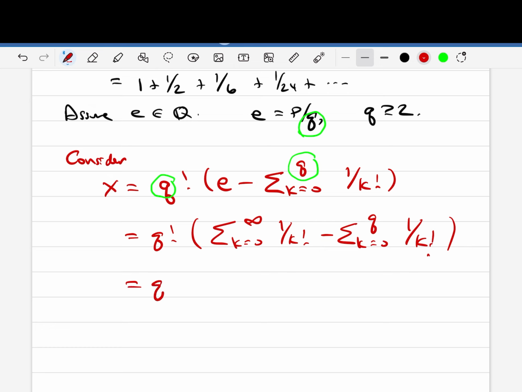And so I could just write this as that. Again, if e is rational, and we can write e equals p over q, then x can be defined in this way, and so x exists.